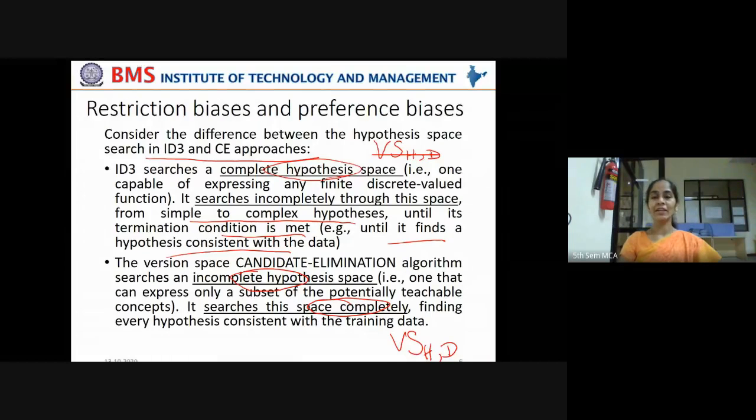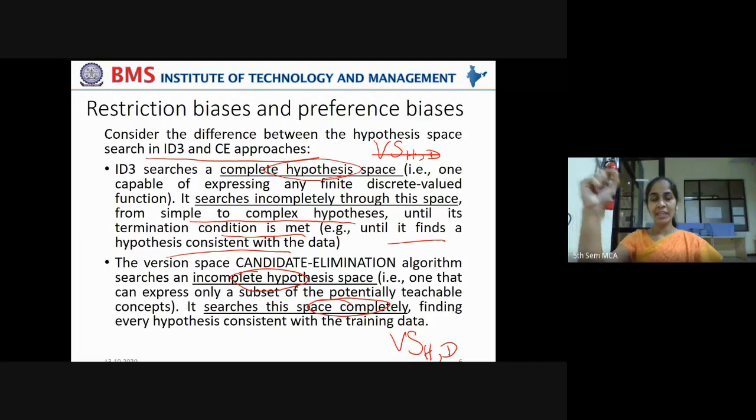Again, interchange, right? The candidate elimination algorithm's version space is an incomplete hypothesis space, but the algorithm searches that space completely.